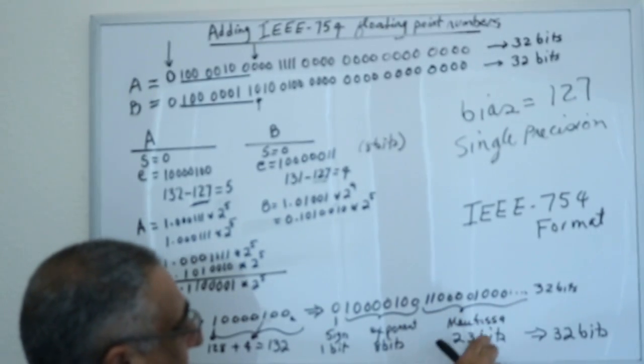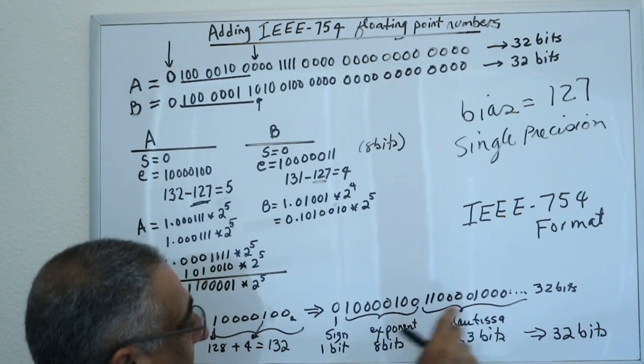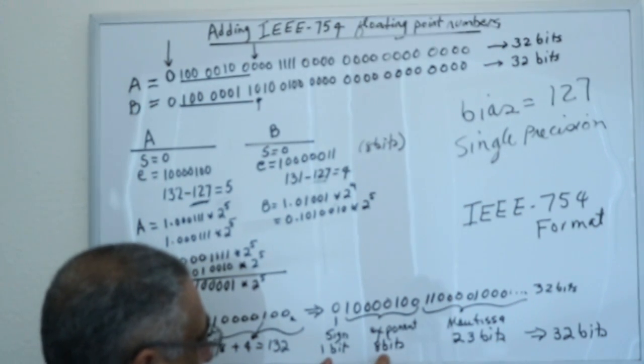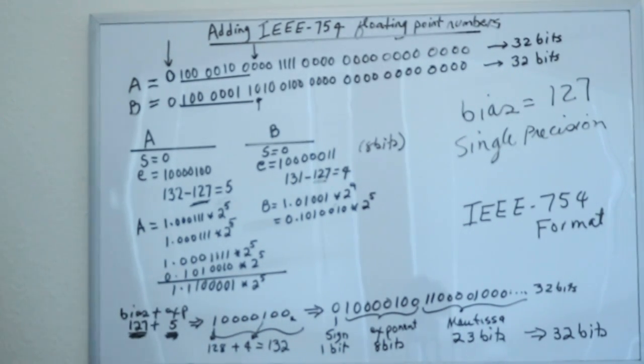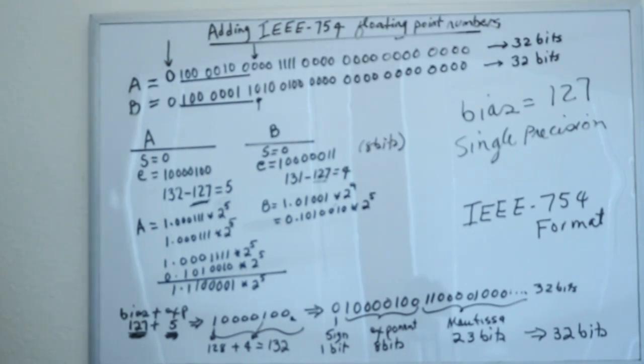And then the rest, 23 bits, is the mantissa. So this is M here for the mantissa. So 1 plus 8 plus 23 gives me 32 bits. And this is my answer after I added these two numbers. Thank you for watching this video.